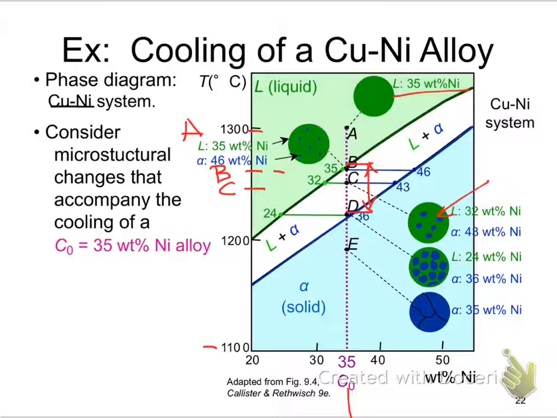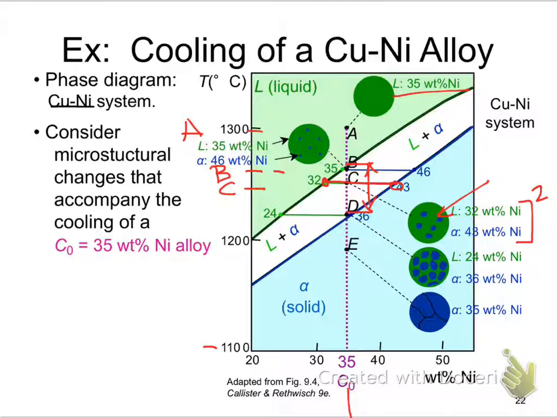We can use the lever rule to determine the mass fraction of both the solid and the liquid. And we can use our isotherm intersections with the solidus and the liquidus lines to determine the composition of each of those phases. So this is our rule number 2.